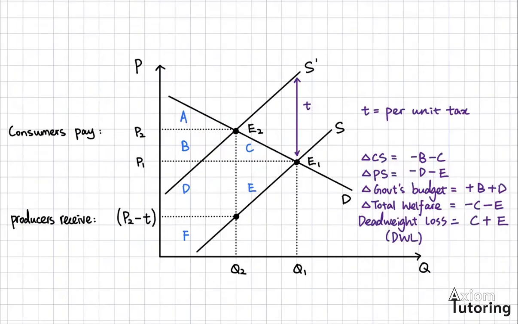Before the tax, producer surplus is the area that is above the supply curve and below the price P1, bounded by the transaction quantity Q1, so area D plus E plus F. After the tax, producer surplus becomes the area that is above the supply curve, but below P2 minus T, bounded by the after-tax transaction quantity Q2, so area F. The loss of area D plus E is because the producers are now selling fewer quantities and receiving a lower price.